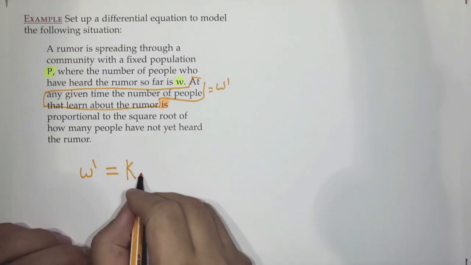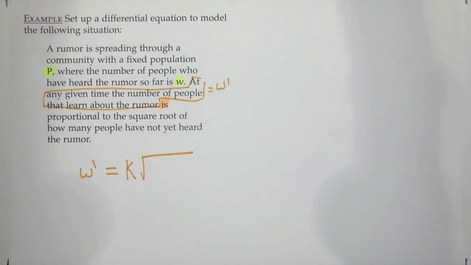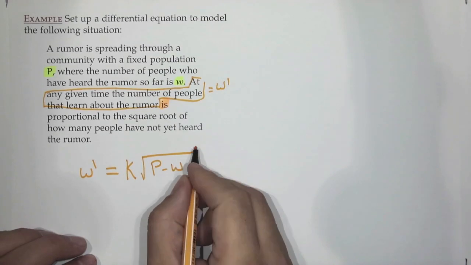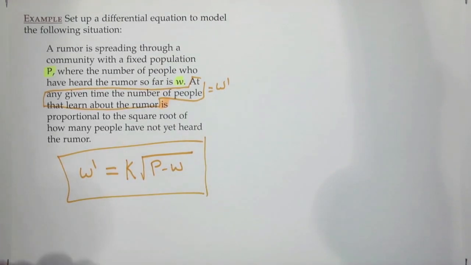Yeah, a square root. It was all there the whole time. Of how many people who have not yet heard the rumor? So how many people have not yet heard the rumor? P minus W. And there we go. That's our differential equation. How'd you do? All right. It gets easier.